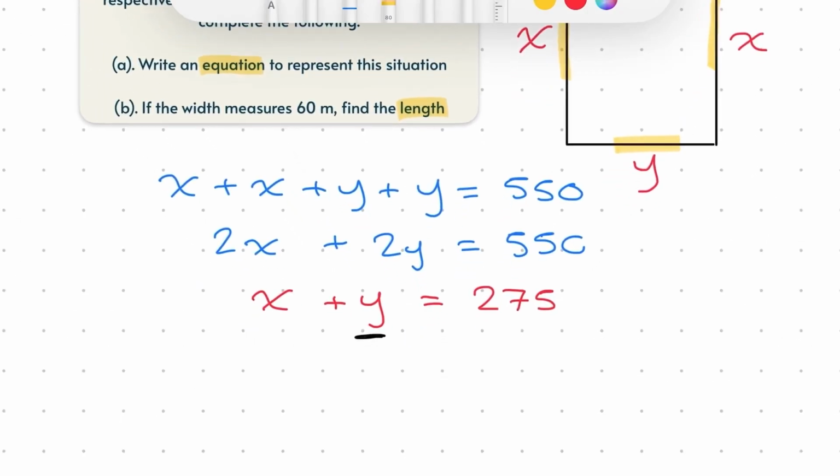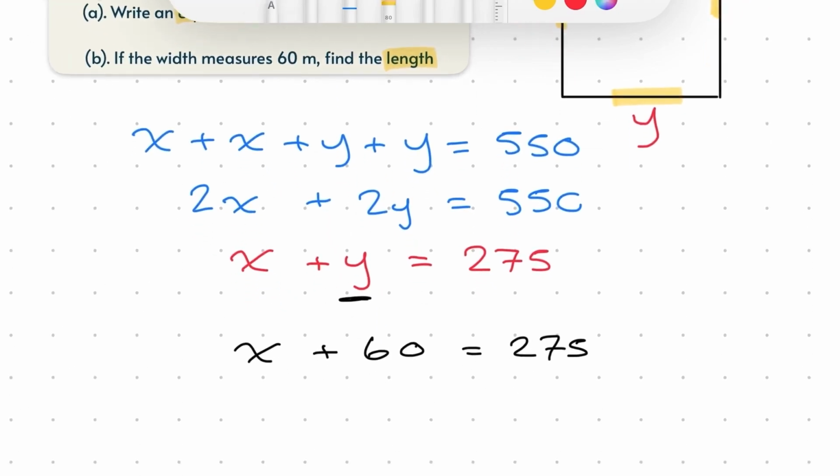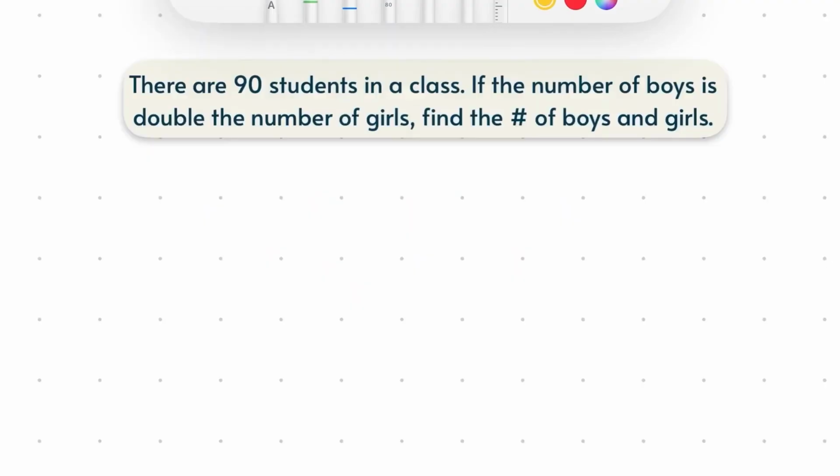So our new equation would be x plus 60 equals 275. And now, to solve for x, we simply subtract 60 from both sides, and we get that x equals 215 meters.